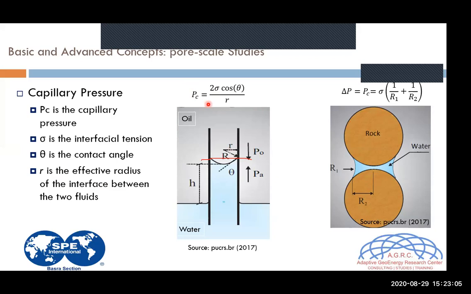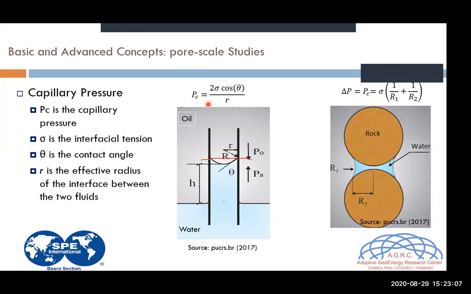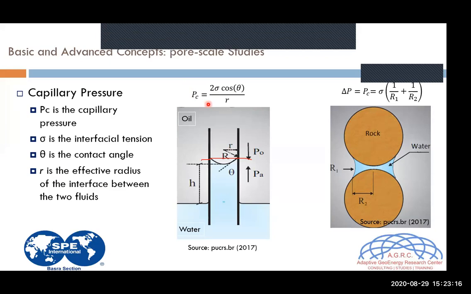It's a really well-known equation. It's used, for example, during PNM-based simulation. You can correlate the pressure differential between these two phases with this PC equation here, the simple one.